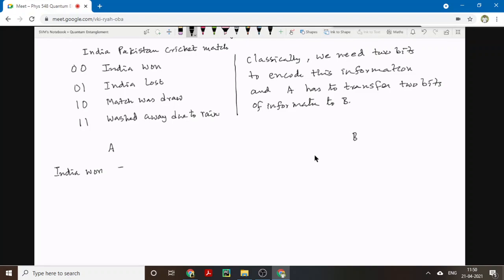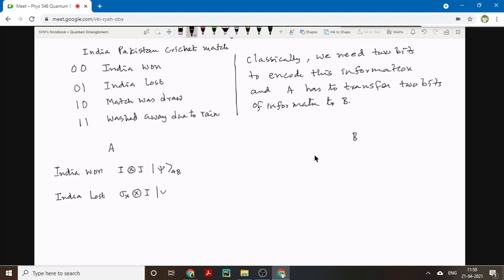You simply say identity cross identity on psi AB. And suppose India lost. Then you can do an operation called sigma x cross identity. I am putting identity as the second one because the second qubit is not with A, so she cannot do anything with the second qubit. She can only do something on her qubit.